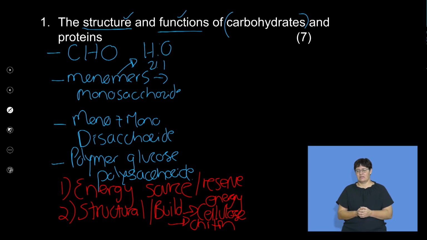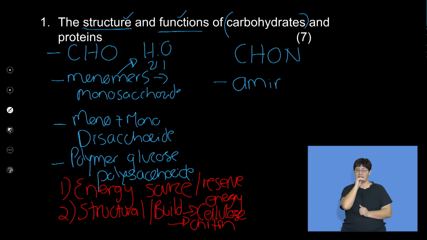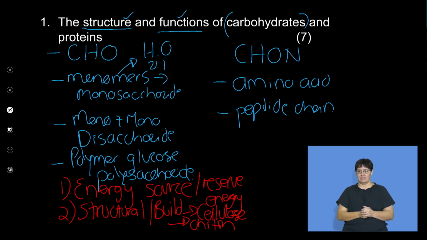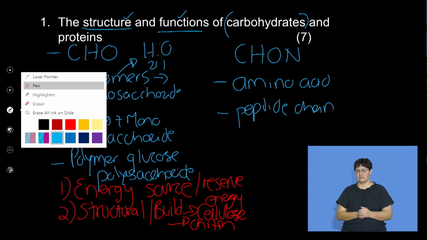If we have a look at the structure of proteins, they are made up of carbon, hydrogen, oxygen, and nitrogen. Their monomers are amino acids, and they are joined together by peptide bonds. And then we have a look at the functions.